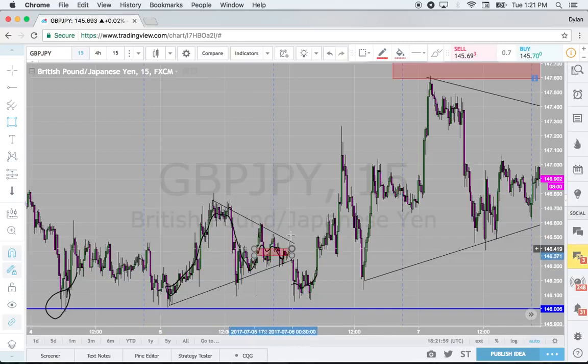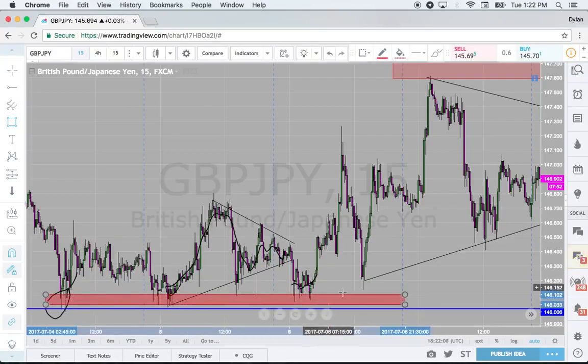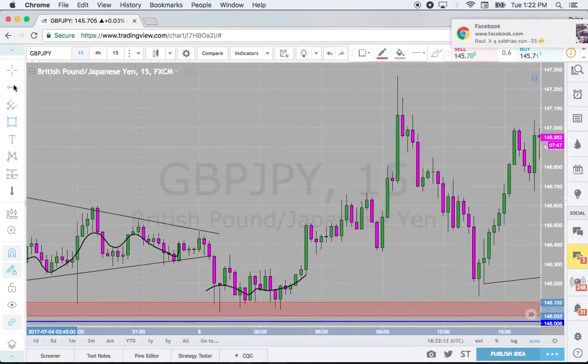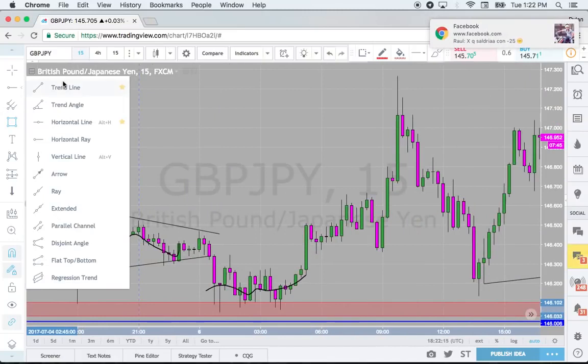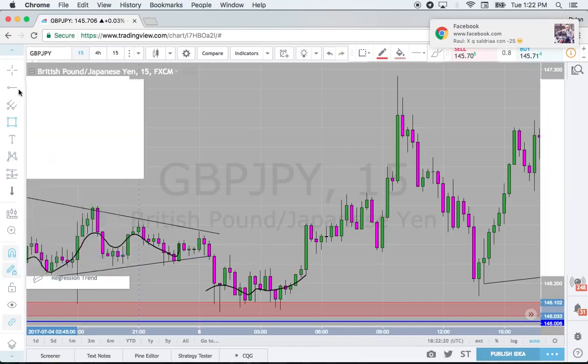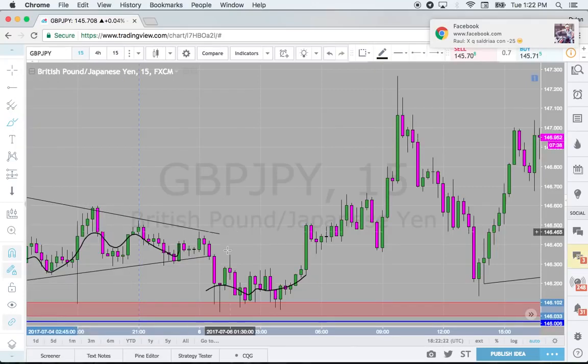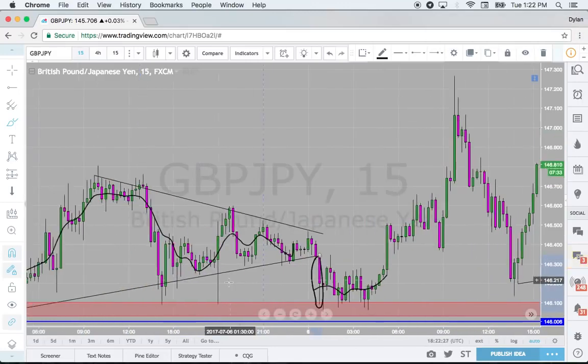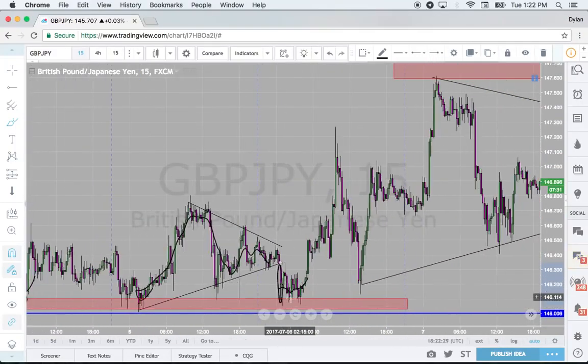So the consolidation period happened Asian session, and then we can see it went back into that zone where they kept working. It stop hunted. One candle is all they needed to break out and then grab as many orders at that low of the day.